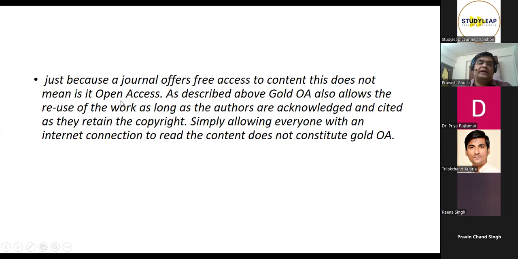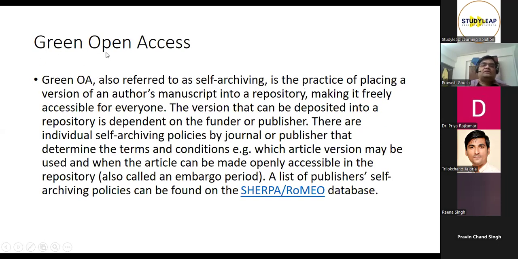Citation is the main thing, right? Green open access. So what is green open access? Also referred to as self-archiving, it is the practice of placing a version of the author's manuscript into a repository, making it freely accessible for everyone.